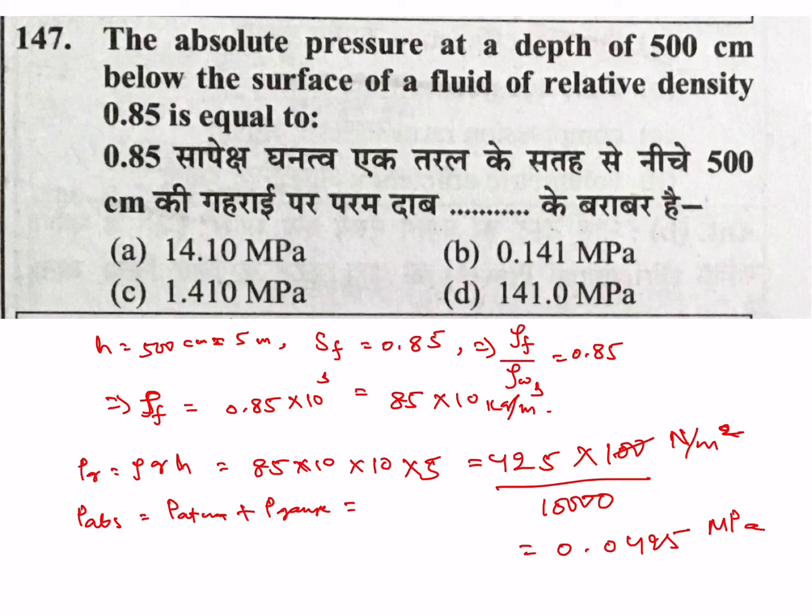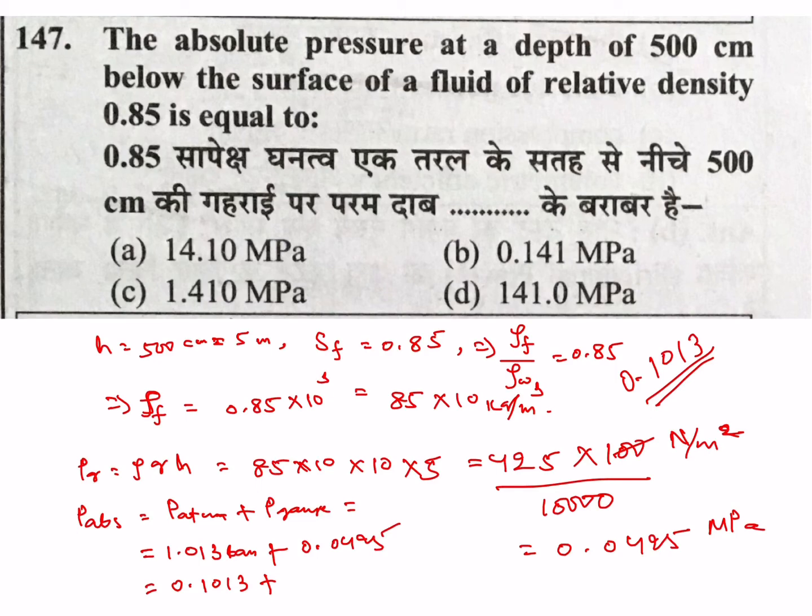So around, no need to calculate also, because the atmospheric pressure is 1.013. This is in bar. Then bar is 10 to the power 5. Then you will get 0.1013. This is in megapascal. Then plus gauge pressure 0.0425.